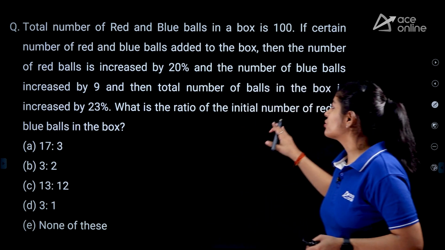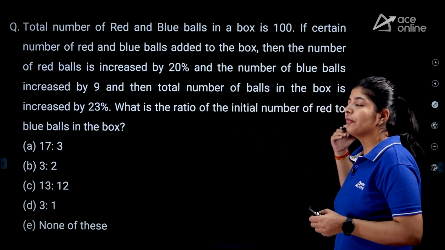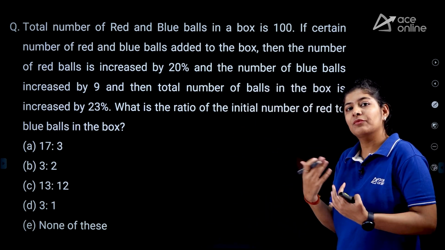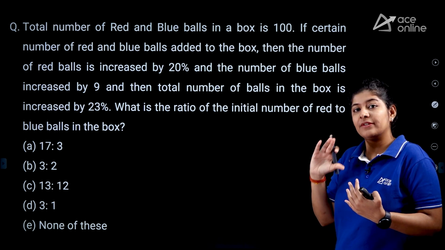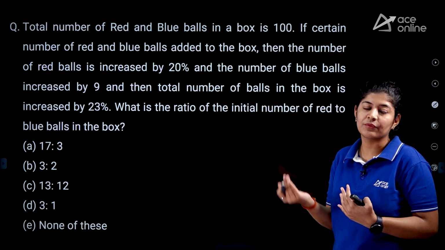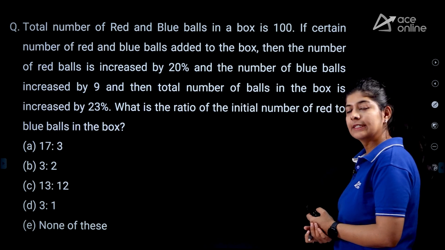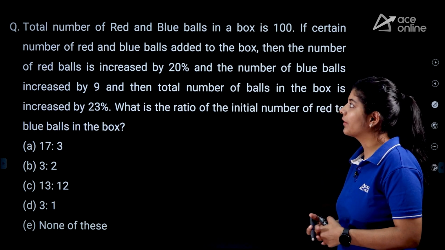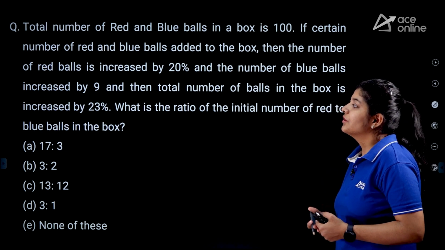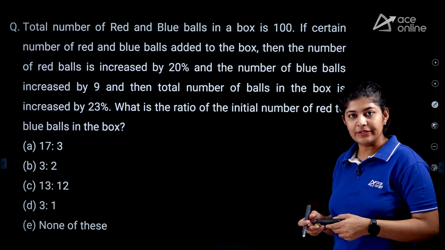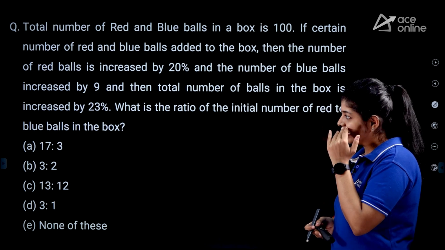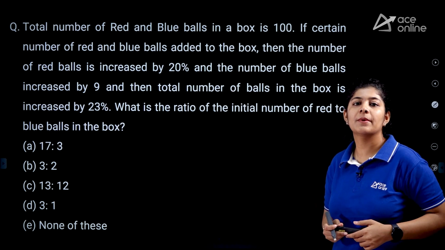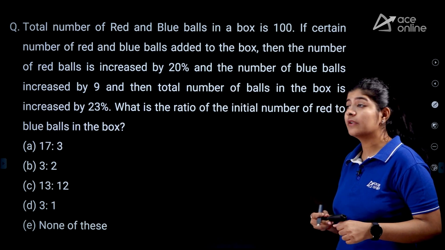What is the ratio of the initial number of red and blue balls? Basically, we have to find out the initial ratio. Is it clear? Okay. So first, you have to work on a few values, and after that, you have to determine the original number of balls of individual colors.